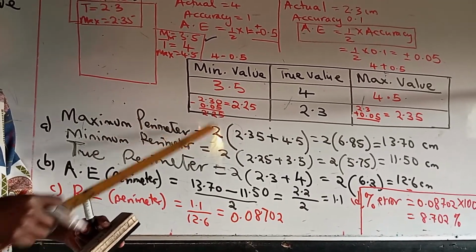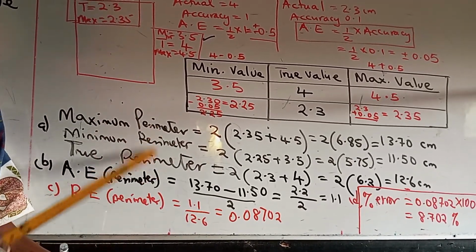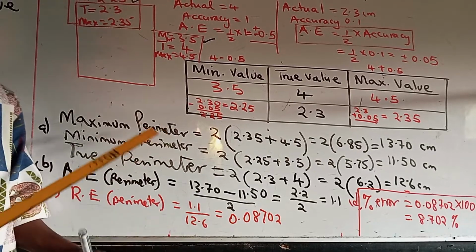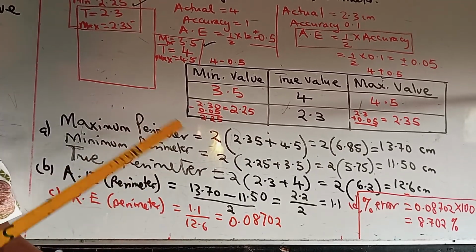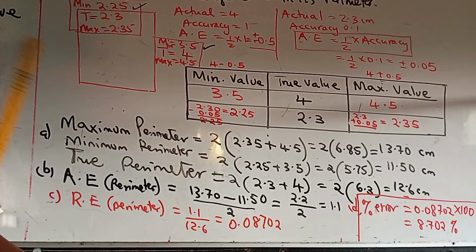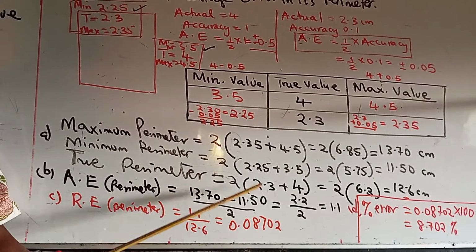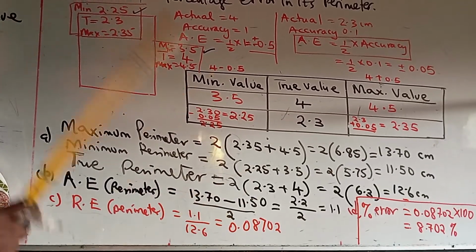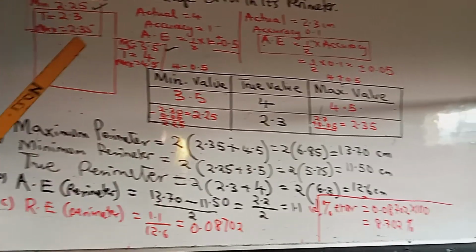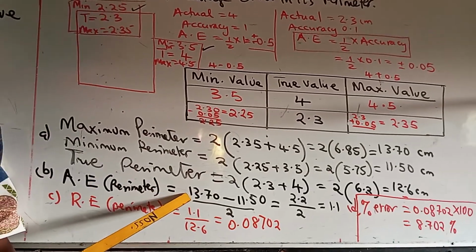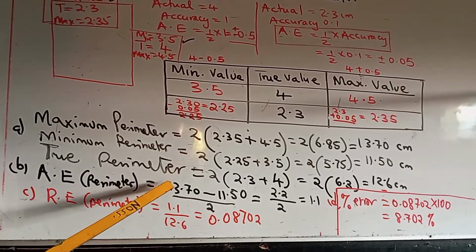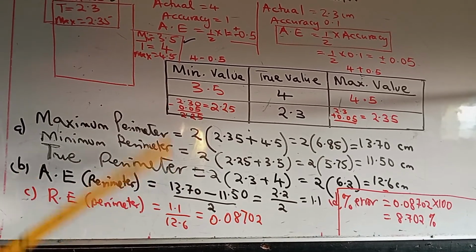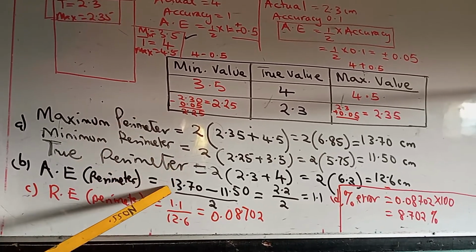In the computation which requires maybe addition, to obtain the absolute error, we always go for maximum minus the minimum divided by 2.